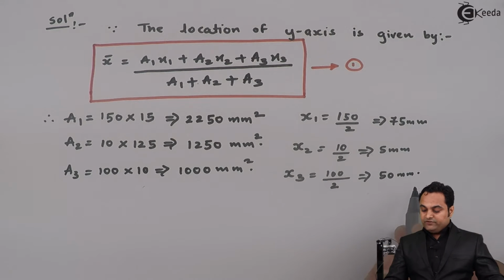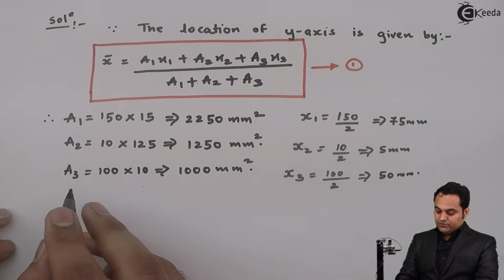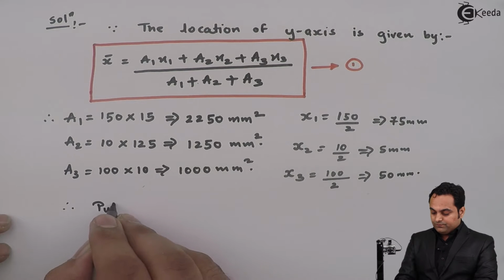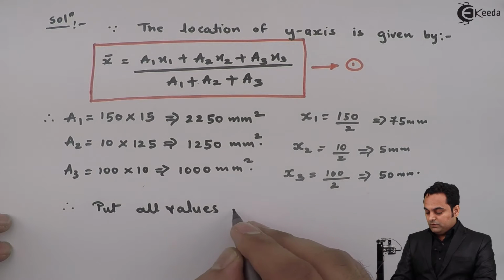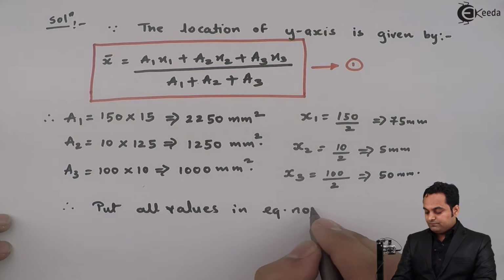Now after getting these values, we can put them in equation 1. So therefore put all values in equation number 1.